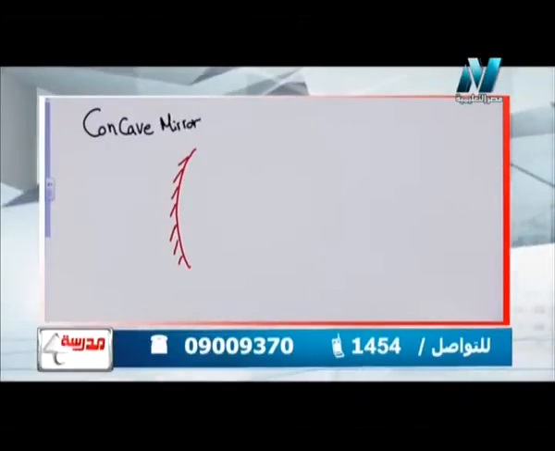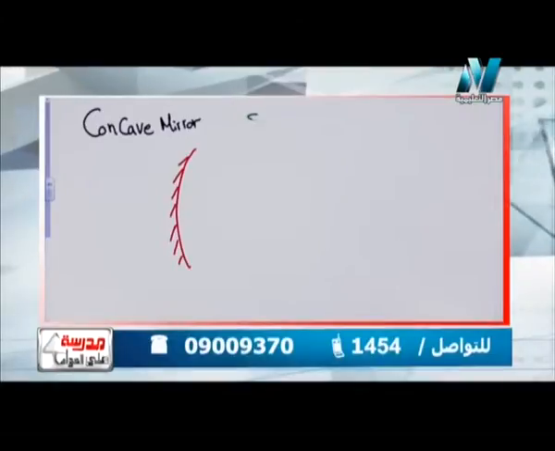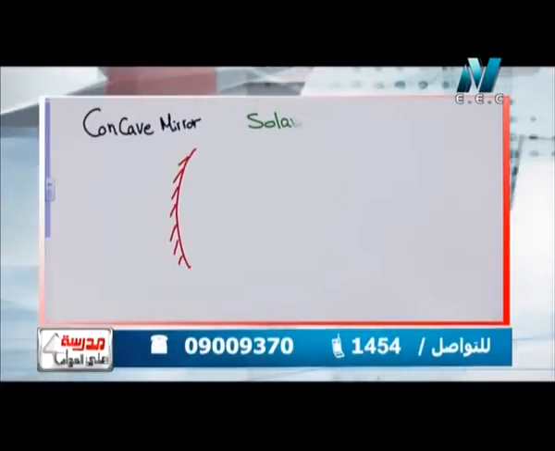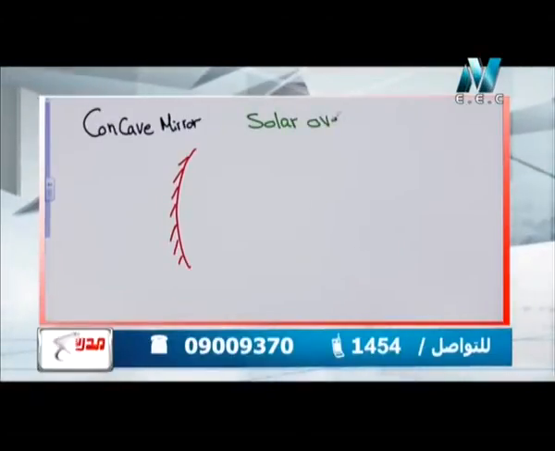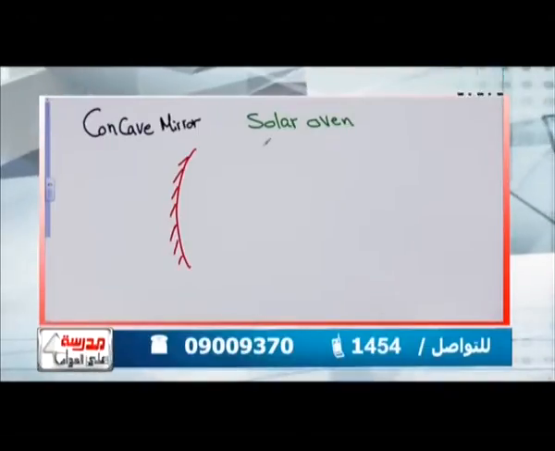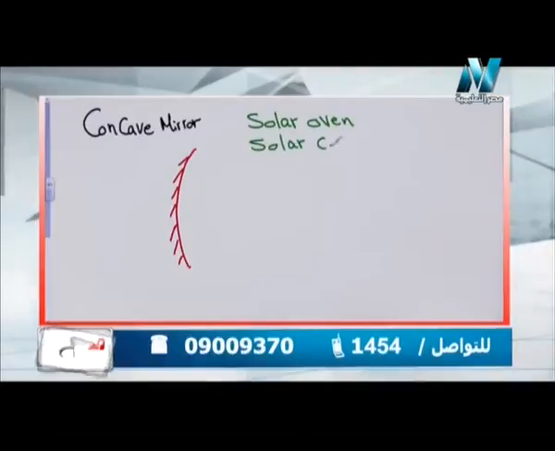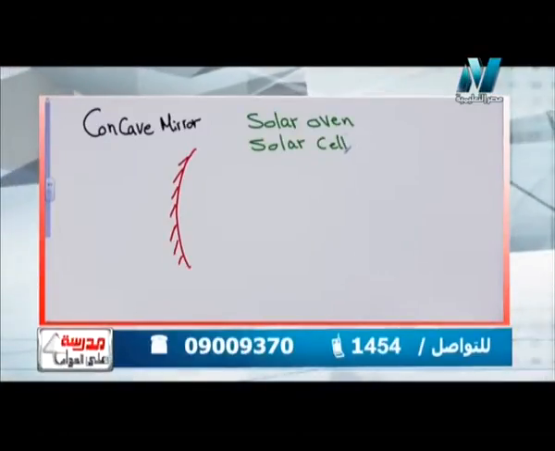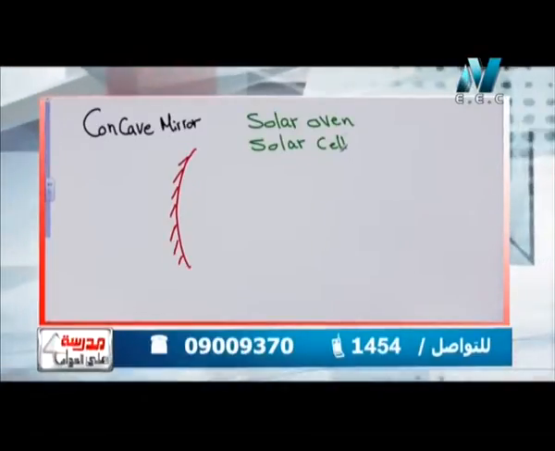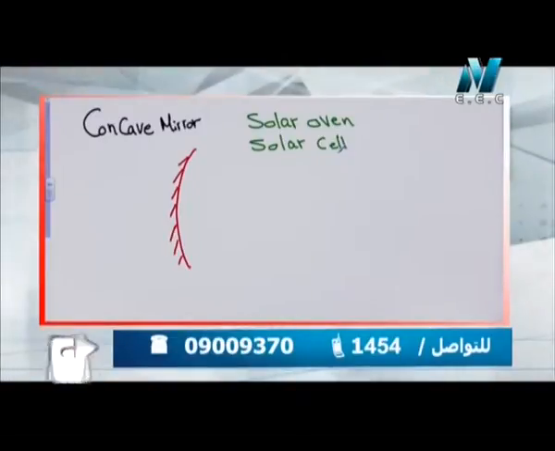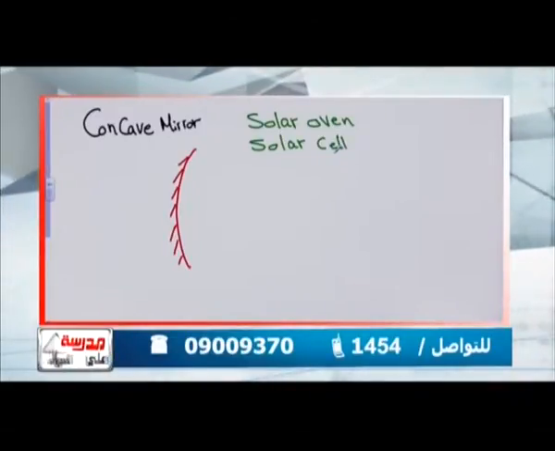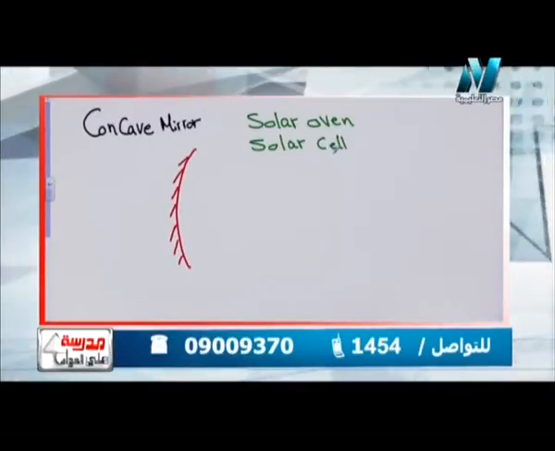So a concave mirror is used in the solar oven, اللي هو الفرن الشمسي, or solar cell, that we studied before in first prep, which changes solar energy into electric or heat energy.